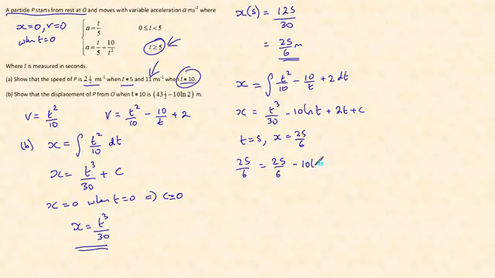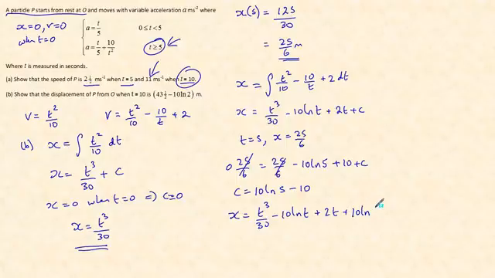Take away 10 ln 5, add 10 plus c. So these cancel out, and we'll have 0 over there. So c is going to be 10 ln 5, take away 10. And that gives me that x is t cubed over 30 minus 10 ln t plus 2t plus 10 ln 5 minus 10.